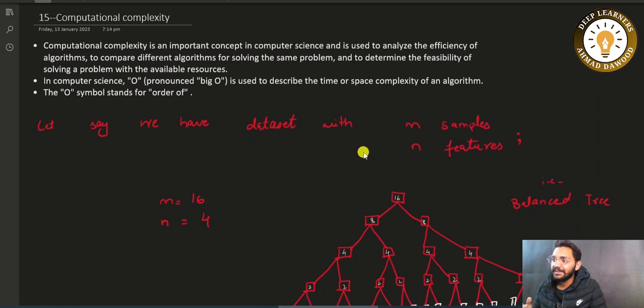Let's say at the start we have a data set which has m number of samples and n number of features, and m is equal to 16, n is equal to 4. So there are 16 samples and 4 features in our data set, and we have built our decision tree by using that data set of 16 samples.